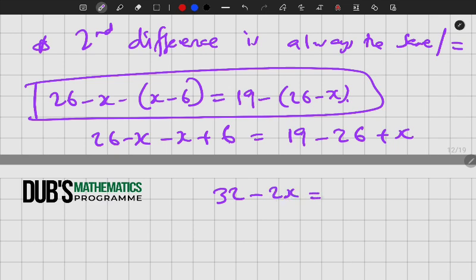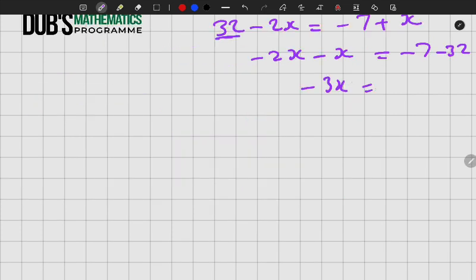Here 19 minus 26 is minus 7, plus x. We now move x to one side: minus 2x, and the x becomes a minus x. We have minus 7 on the right hand side. Transpose the 32, it becomes minus 3x is equal to minus 39.